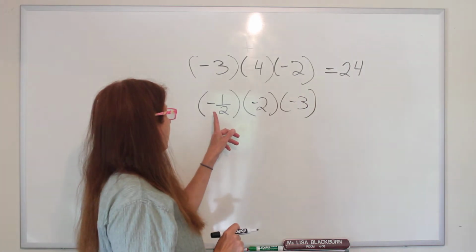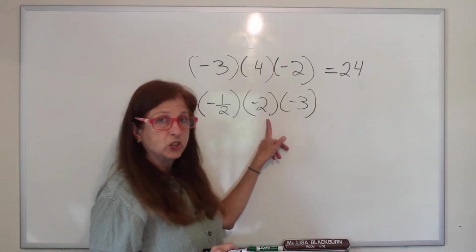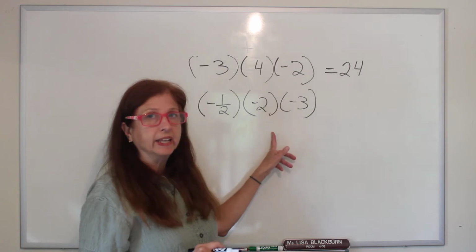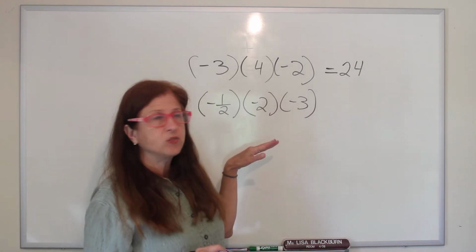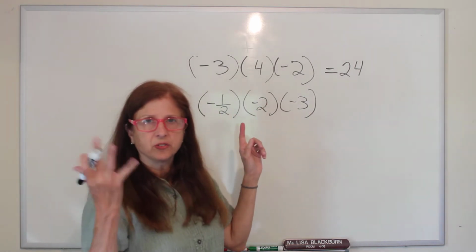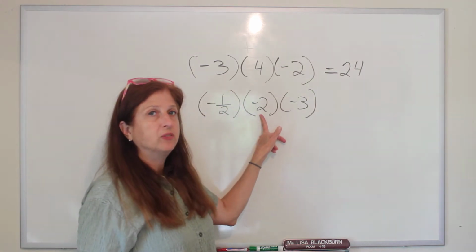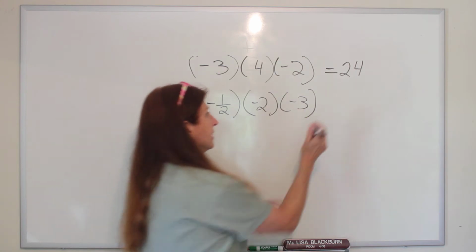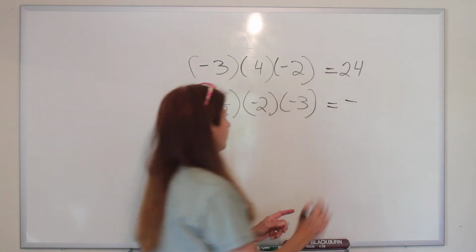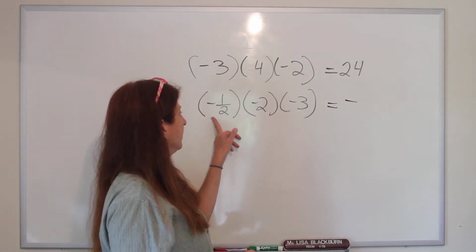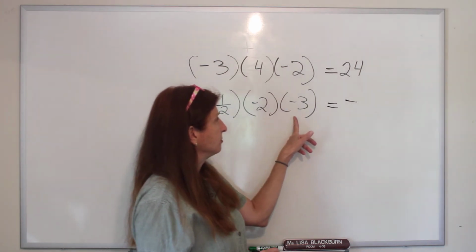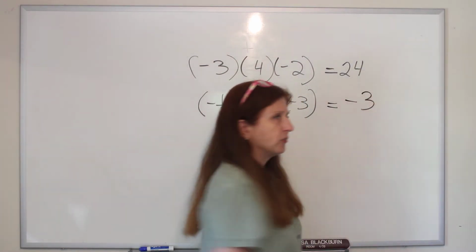So a half times 2 is 1 because you're cutting it in half. But you can do it in your calculator if you don't know how to do it in your head like I just did. Two negatives make a positive. A positive times a negative is negative. So this is going to end up being 1 times negative 3 is negative 3.